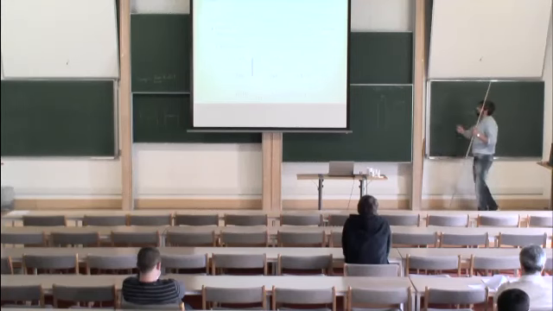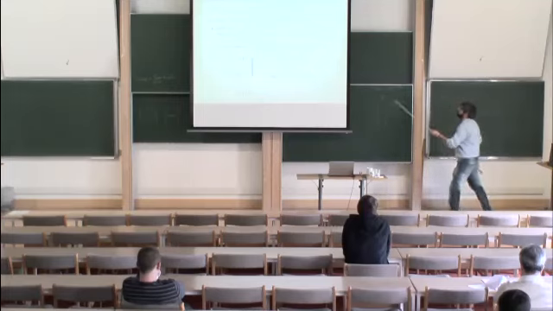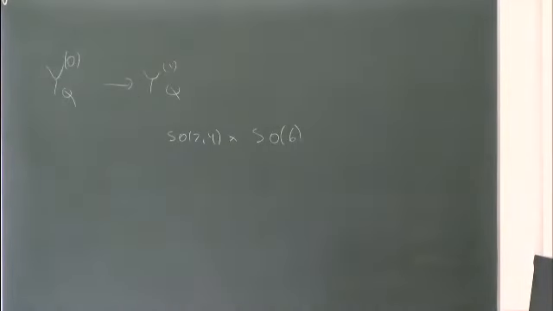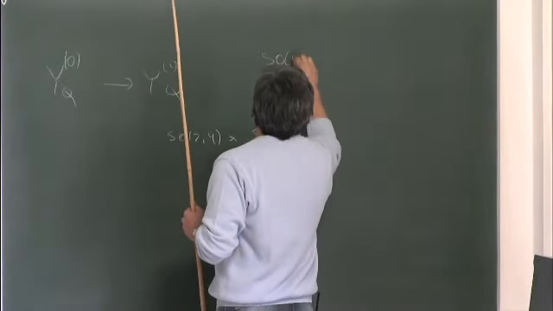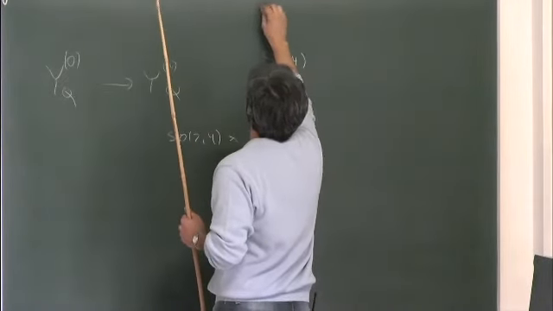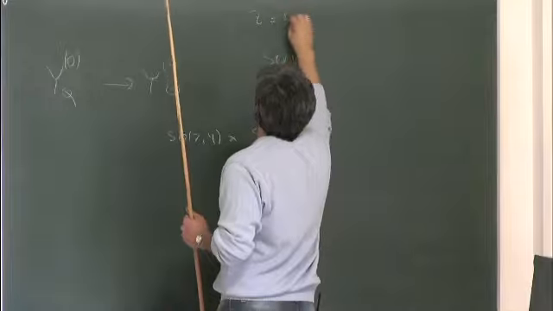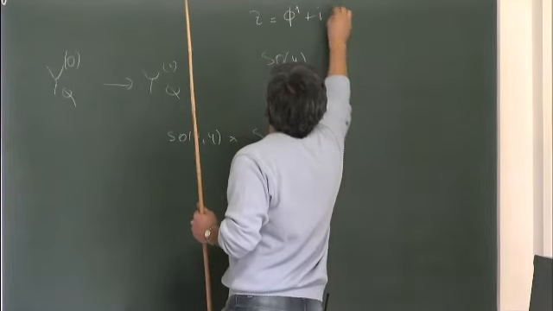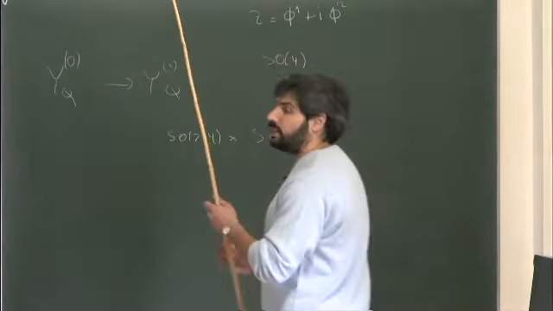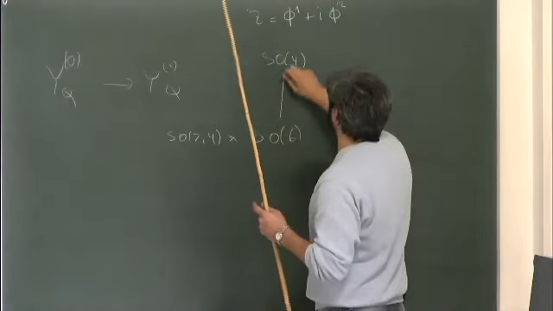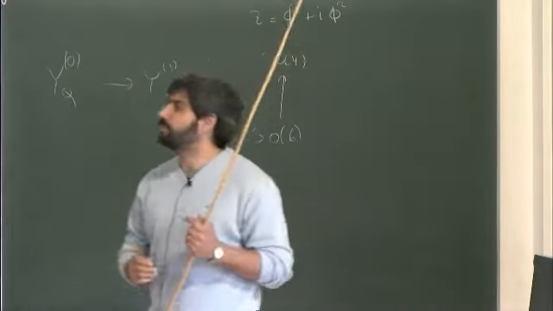When you take the vacuum Z field, the internal part in this square is just SO(4), because you have 6 real scalars and Z is made out of 2 of them. And then out of the original SO(6), only an SO(4) survives.